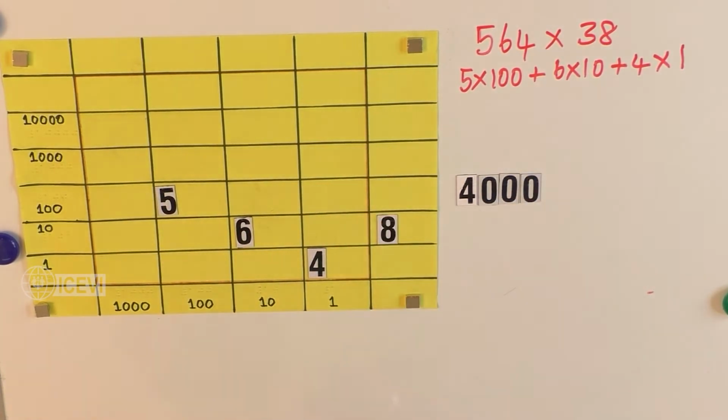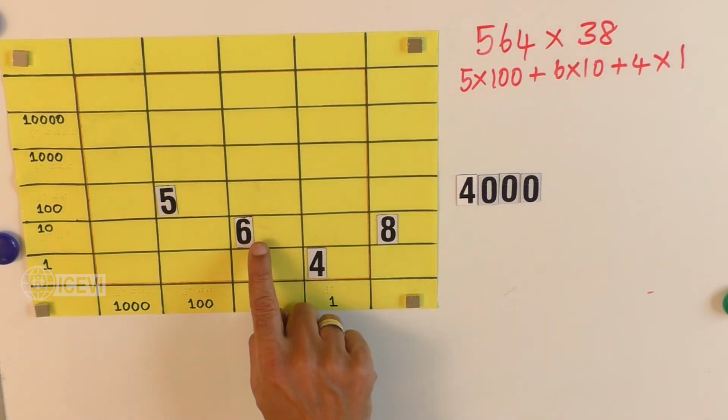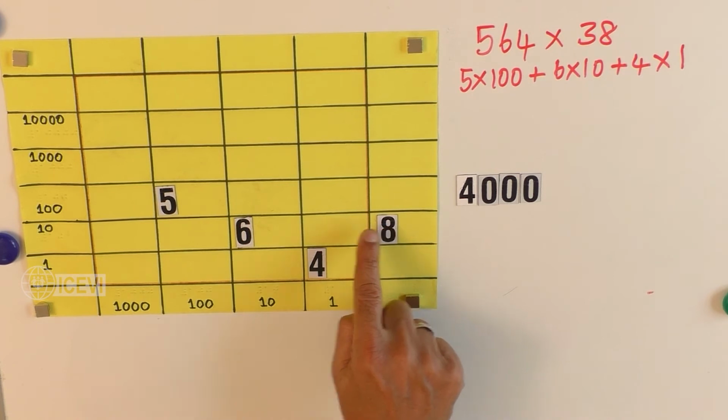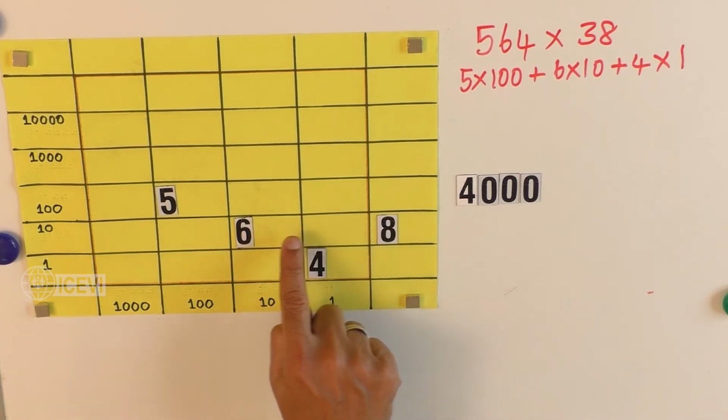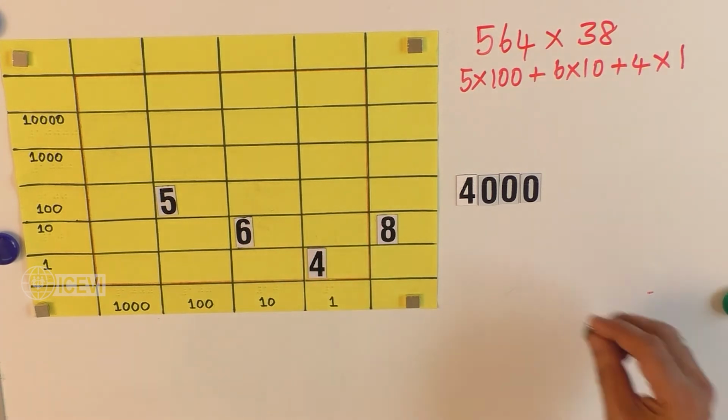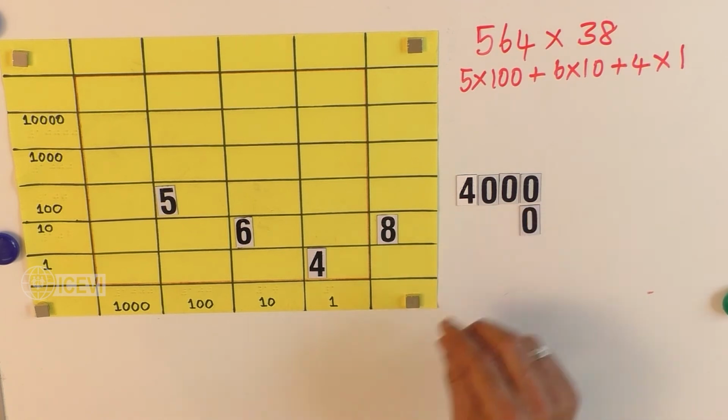Now let us take 8 to the tens column. That means 8 is to be multiplied by 60. To the right of 6 it is 0, so the multiplied value will start with 0.